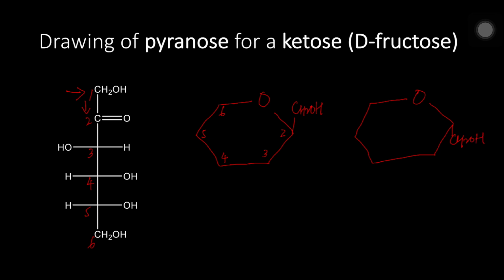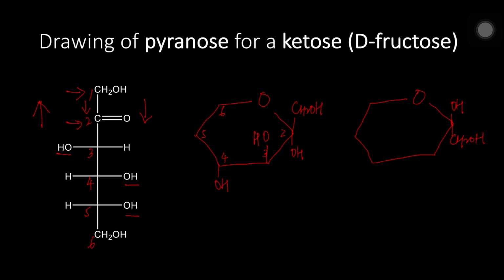For carbon number 2, the carbon double bond O becomes single bond OH. For carbon number 3, OH up, 4 down, 5 also down. So you have up, down, down at carbon 3, 4, 5.